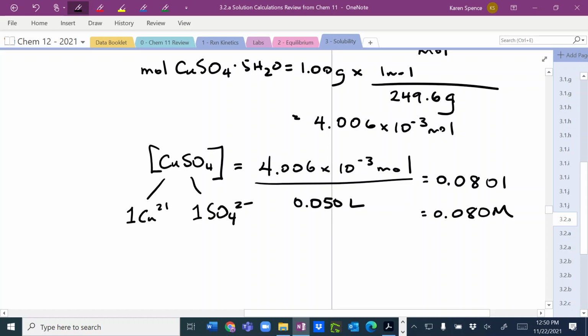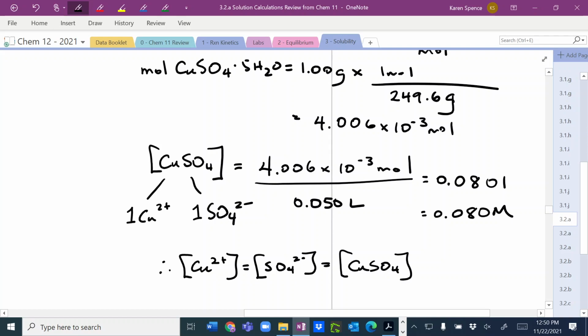So therefore the concentration of copper and the concentration of sulfate will be the same as each other, and they will be the same as the concentration of CuSO4, which is going to be 0.080 molar. Did that answer your question? Cool. Excellent. We're also going to look at number 12.